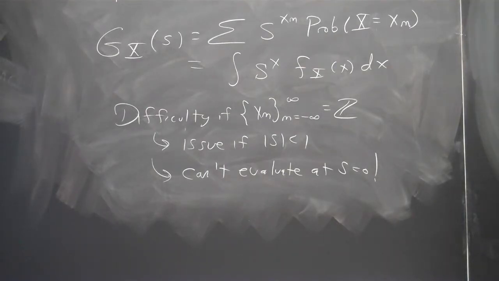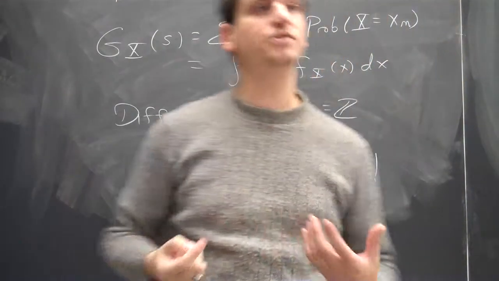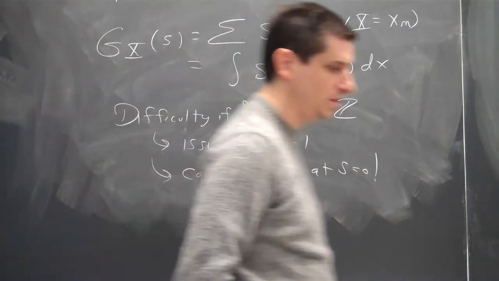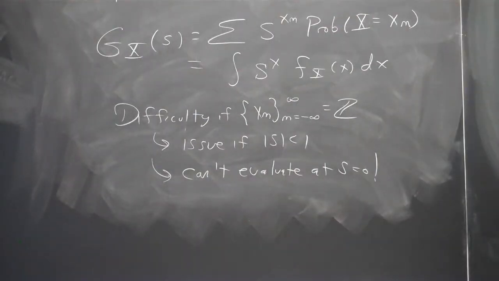If you think about a stock price movement, however, that unfortunately can be negative, and so you have to be a little bit more careful. Fortunately, there are a lot of times when we can get by and just assume that our random variables are non-negative integers, but we do have to be careful for the more general case. Okay. Any questions on the definition of a probability generating function?